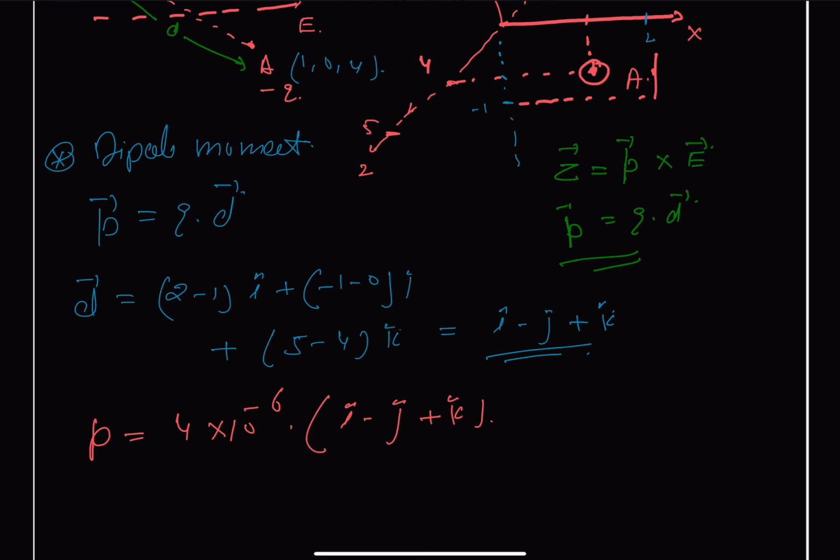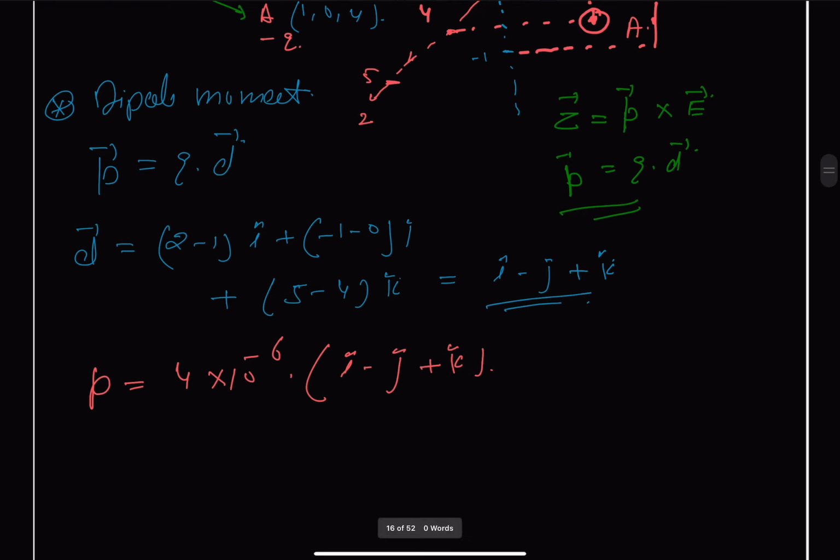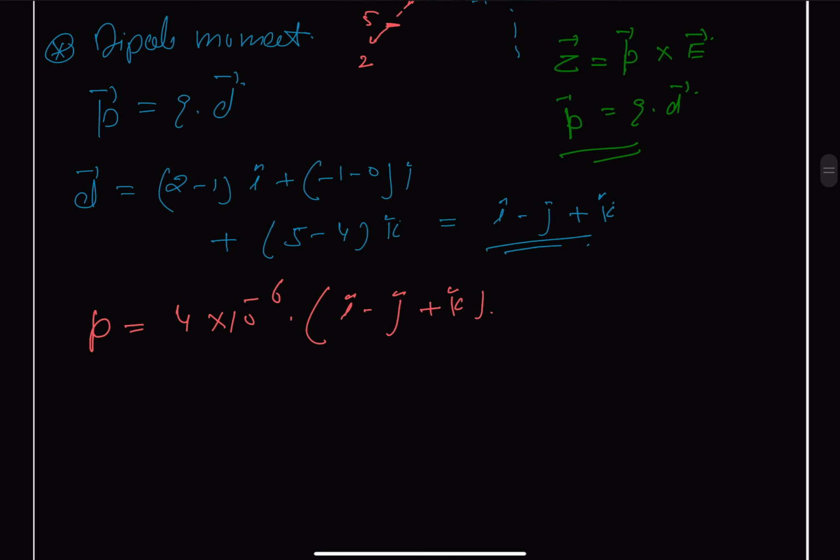Now we can easily find out our torque, and we are given that torque is equal to P cross E. P we already know, P is 4 into 10 raised to the power minus 6 (i minus j plus k), and this is a cross of 0.20 i unit vector.